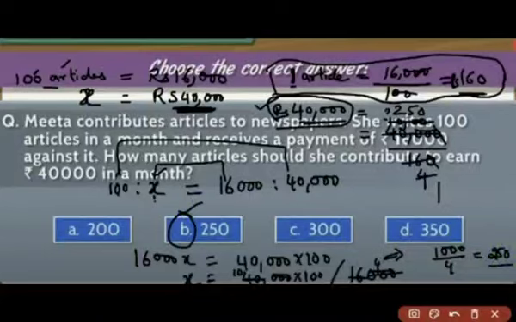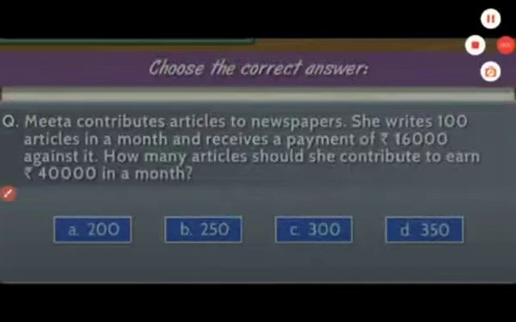So either you can go by the unitary method or this direct method. If you know how to use the direct method, it becomes very simple for you. But if the question mentions using the unitary method, then you need to do it by the unitary method. Okay, let me do one more problem for this unitary method.